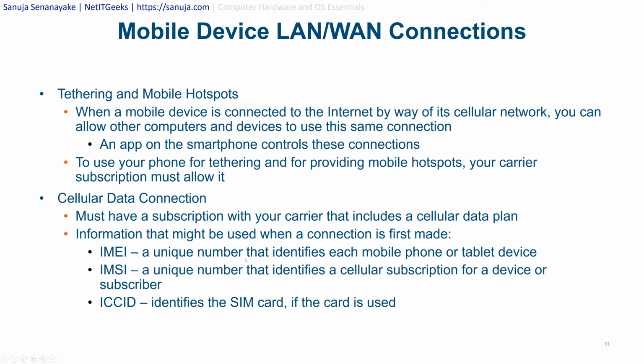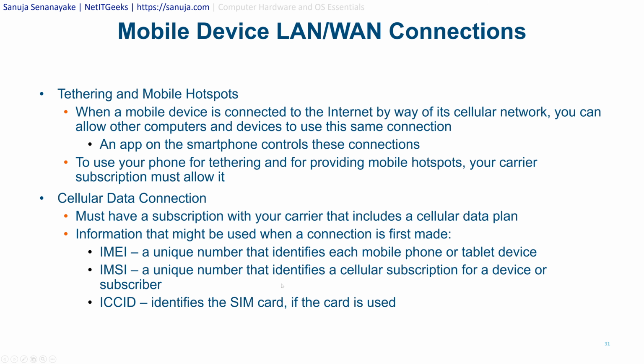Information that must be used when a connection is first made includes the IMEI number, IMSI number, and ICCID number. The IMEI number is a unique number that identifies each mobile phone or tablet or device. You can have a tablet or a mobile device that has a direct cellular connection, and that's going to work with the SIM card using the IMEI.